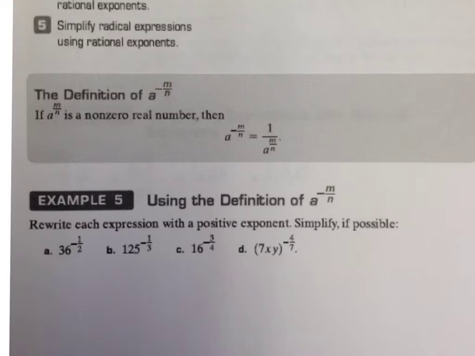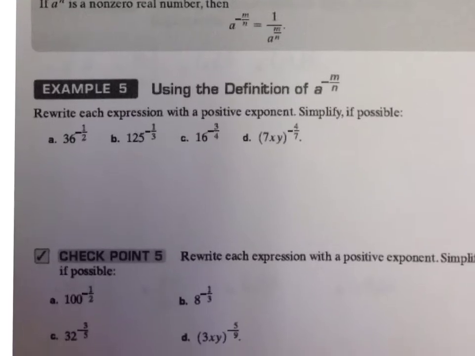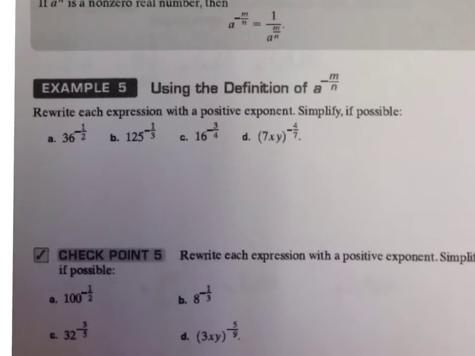So let's look at a couple examples. Example 5 says, rewrite each expression with a positive exponent, simplify if possible. And so we know we got 36 to the negative 1/2 for A. We want to make that positive, we're going to make it 1 over 36 to the 1/2.